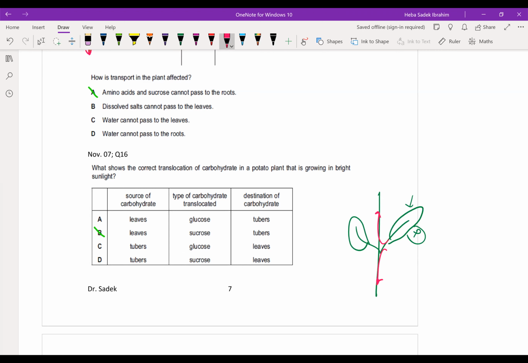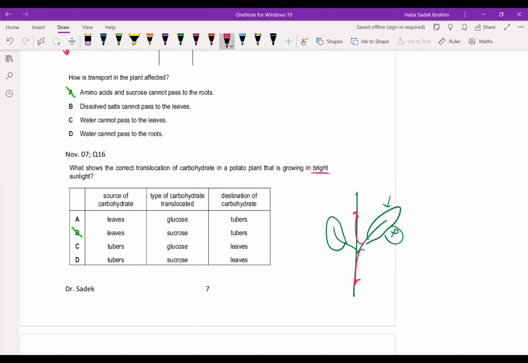So the source of the carbohydrate is the leaf, because there's bright light. The type of carbohydrate translocated: we know food moves inside the plant as sucrose. Where is it going? It is going to the potato tuber. So B is our answer.